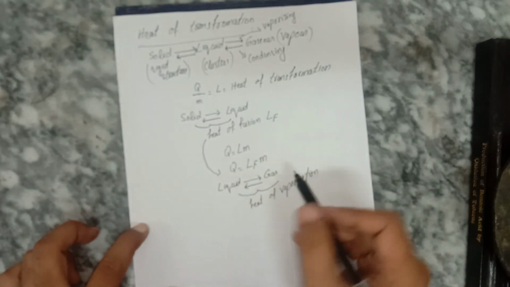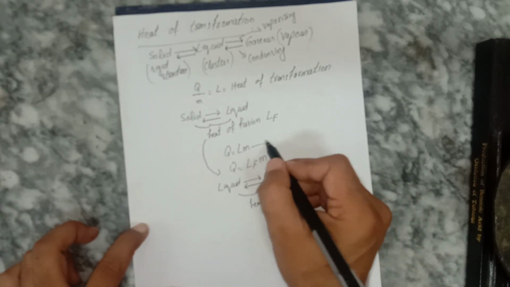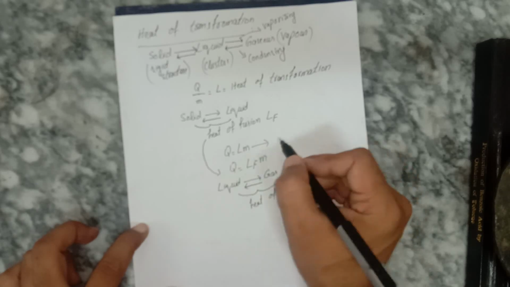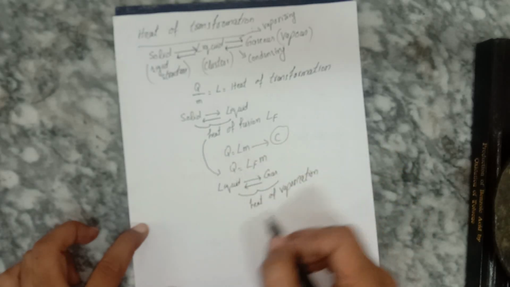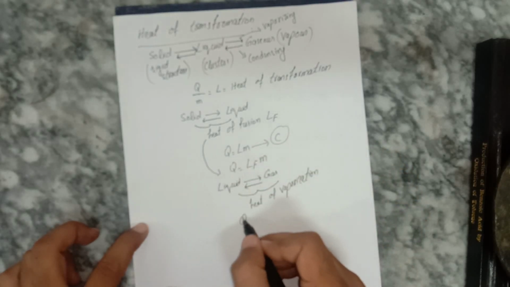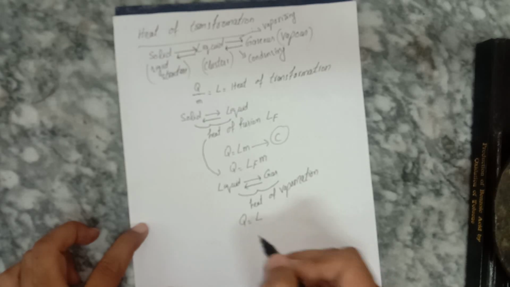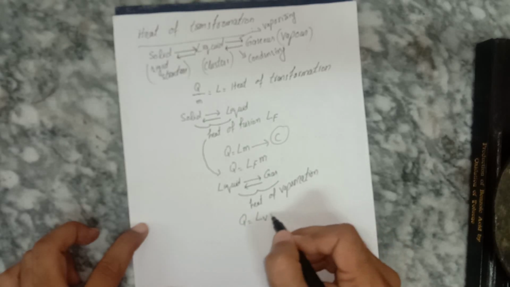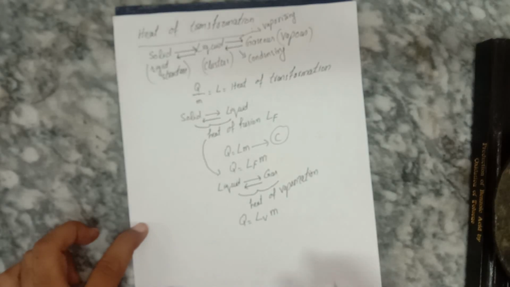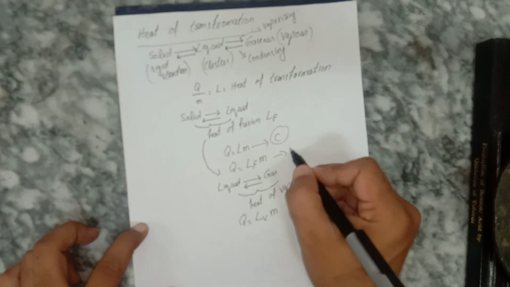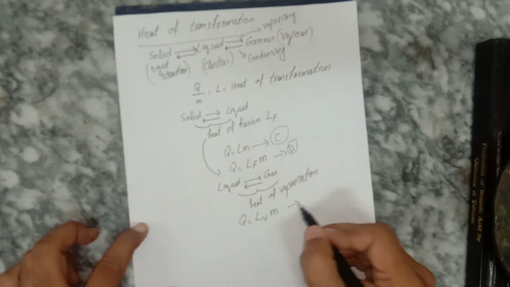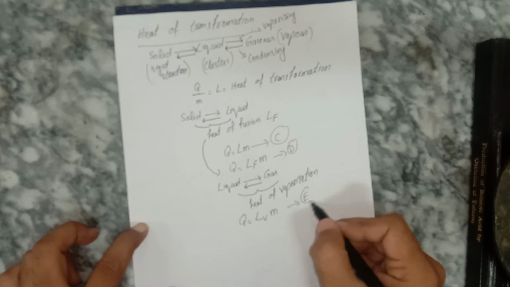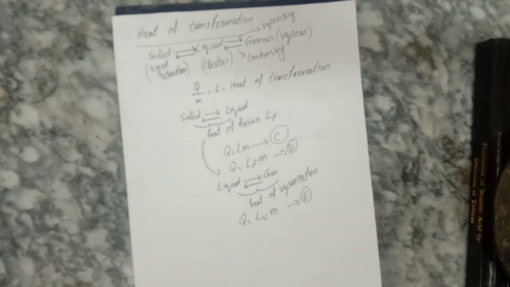And the relation, let's say this is equation C, becomes Q equals latent heat of vaporization times the mass. So these D and E are relations when you include latent heat of fusion and latent heat of vaporization.